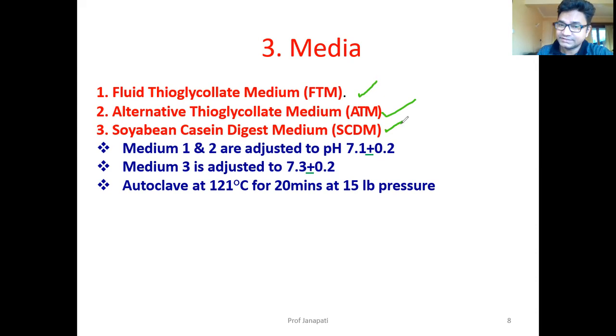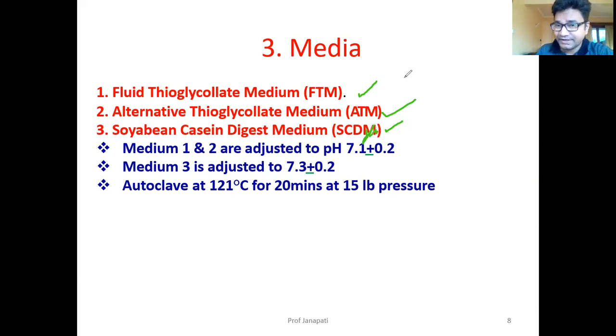Soybean casein digest medium. Some textbooks say SCD without the M, and many use the abbreviation SCD or SCDM. Both are the same; M is nothing but medium.